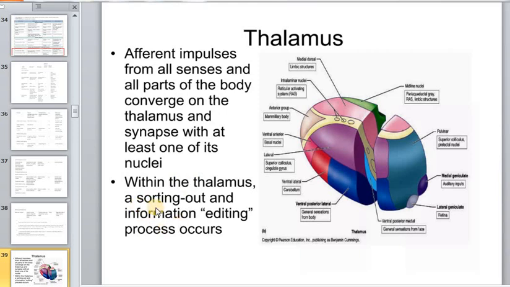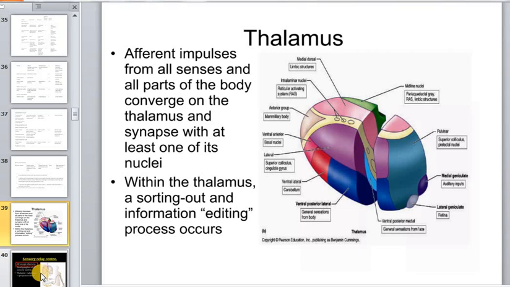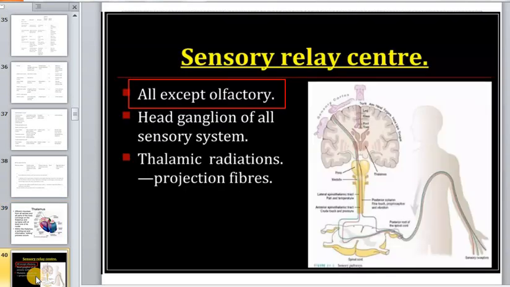Within the thalamus, sorting of the information occurs, because the reticular formation part has a special neurotransmitter and inhibits some non-very-important signals. This part of the brain decides what kind of information can be moved to the cortex, and what kinds of information just stop here and don't move on.